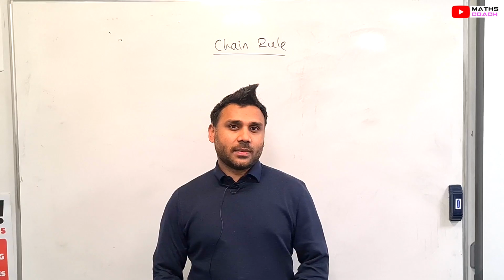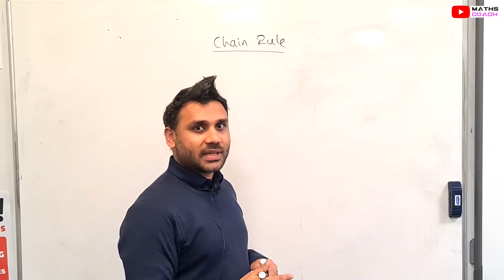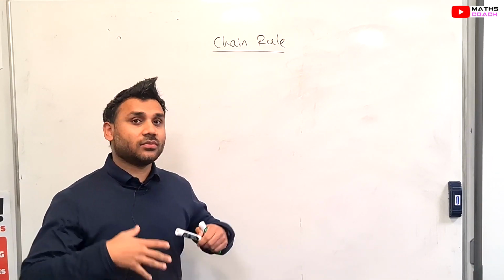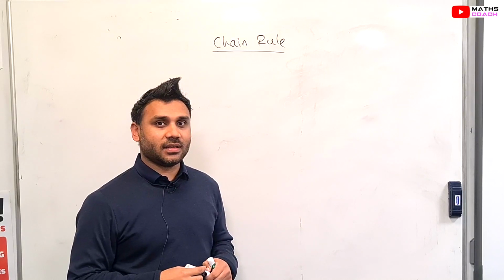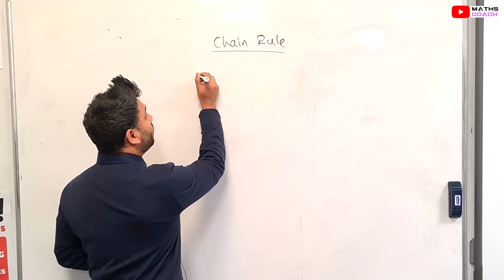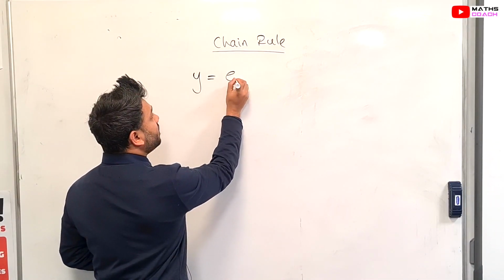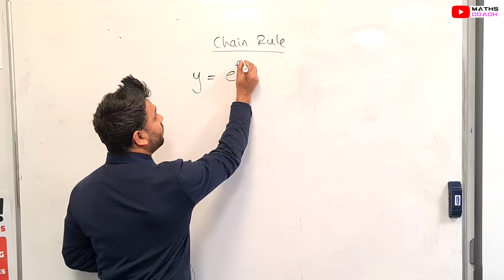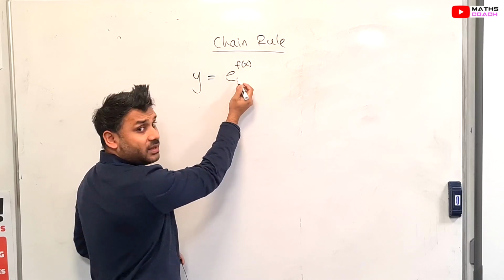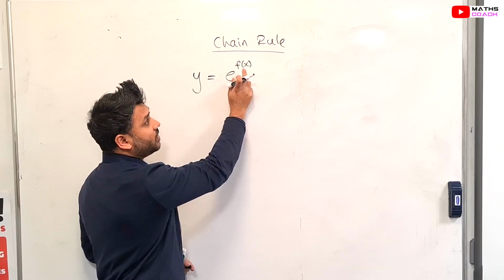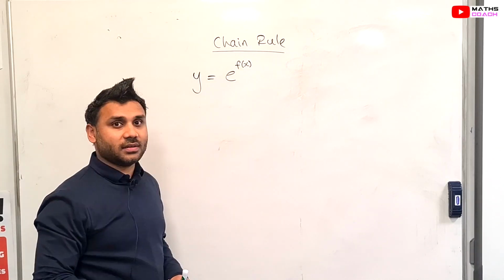Okay, so before we jump into exam questions, I just want to go through some basic functions and how to differentiate them using the chain rule. So if we have y equals e to a power of f of x, here we have the exponential function, and the power of the exponential function is f of x, which is some function in terms of x.